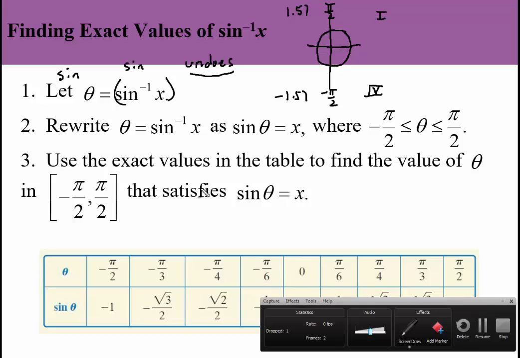The English teachers may get all over me, but when a sine hits an inverse sine, it undoes it. So you end up with this angle here, x, equals the sine of theta here. And again, we're in this restricted area between negative pi over 2 to pi over 2. All right, now it can be negative pi over 2 and pi over 2. So we're going to go ahead and look at a few of these as we progress.